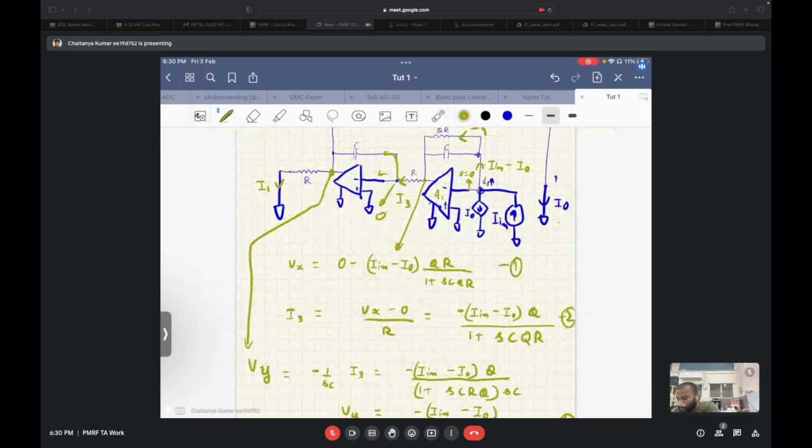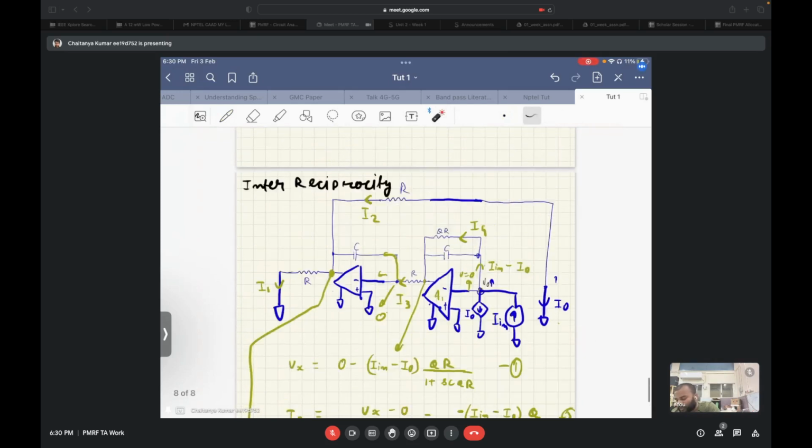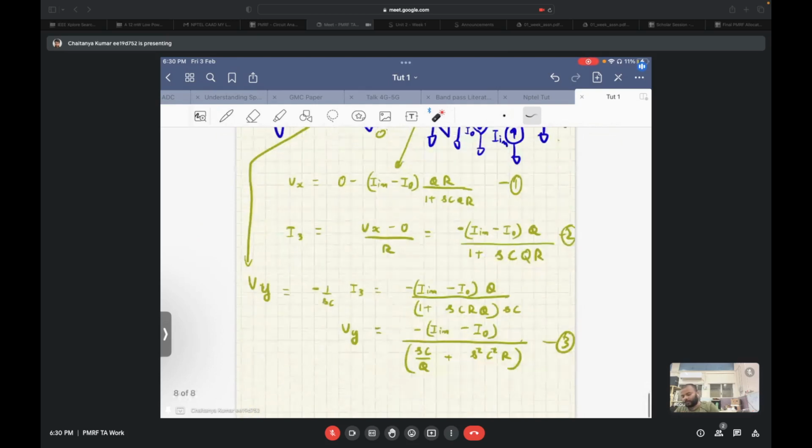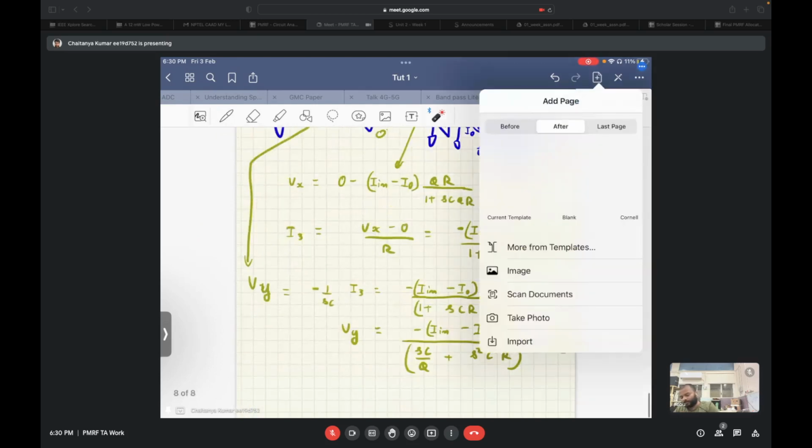Now if this voltage Vy is known, the current I1 is basically Vy by R, and similarly the current I2 also is equal to Vy by R. I2 is basically minus Vy by R, and I0 is equal to Vy by R, because I2 is nothing but the negative direction of I0. So we get this from here.